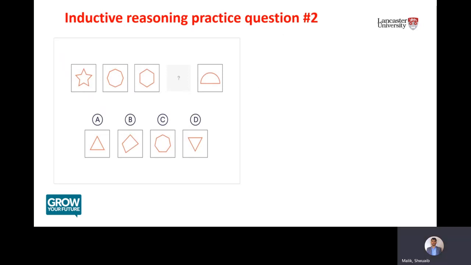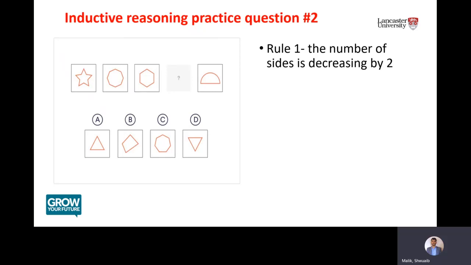Apply the same logic here as well. Have a go at this question and try to identify the rule or the rules, and it'll become a lot easier to get the answer. So the one real rule here is that the number of sides is decreasing by 2 every box we go along.